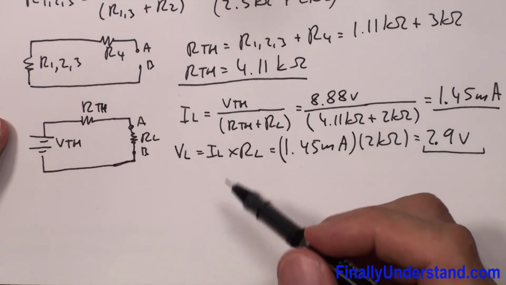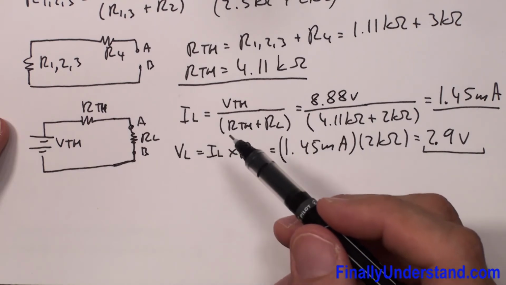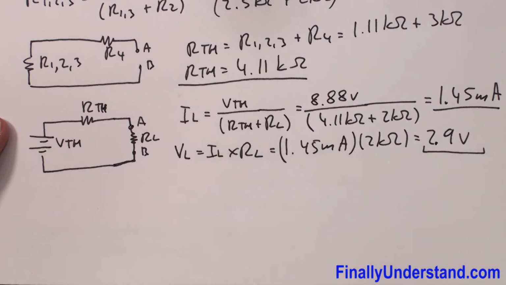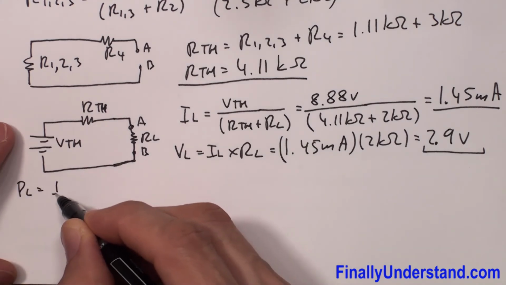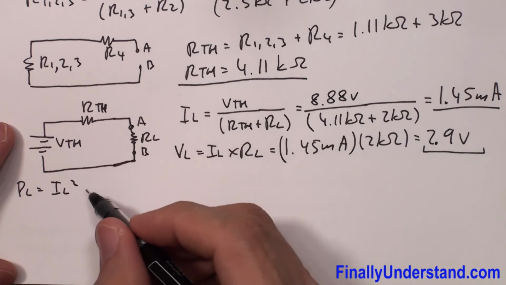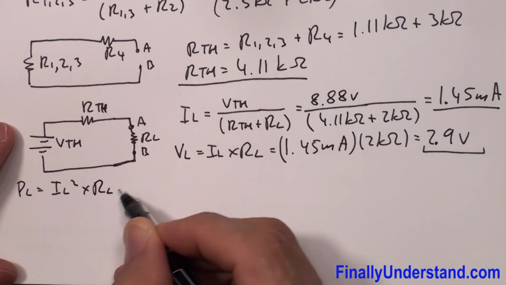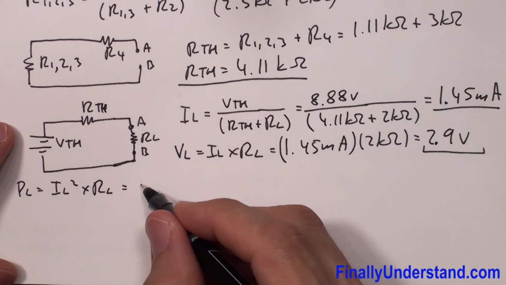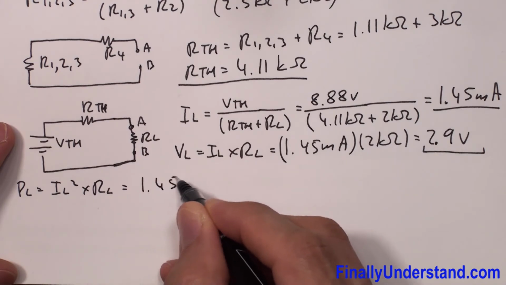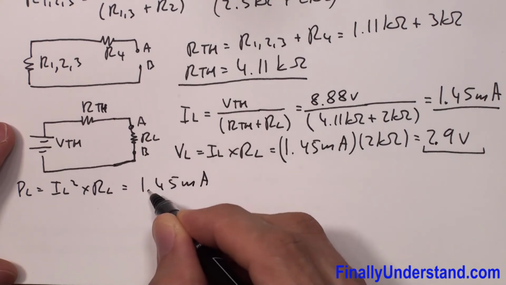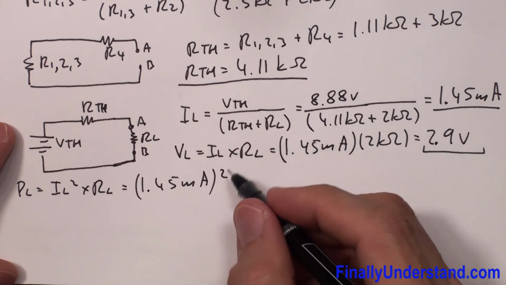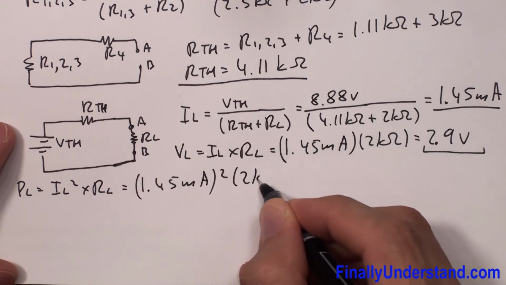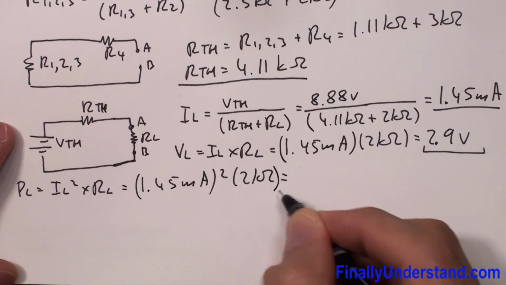Next, I'm supposed to find the power at this resistor. The formula for power says PL is equal to IL squared times RL. So I have 1.45 milliamps raised to the second power times RL, 2 kilo ohms, will give me the power.